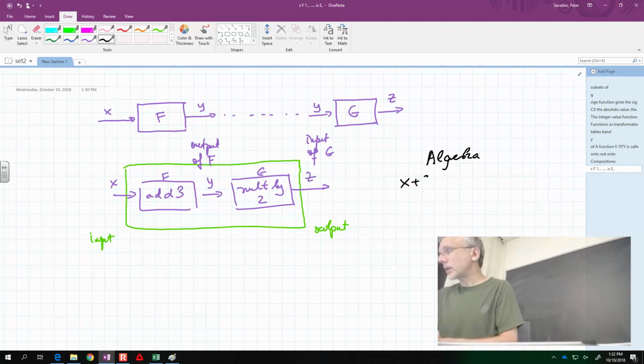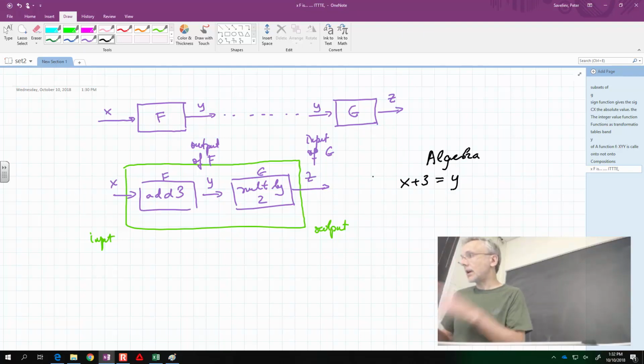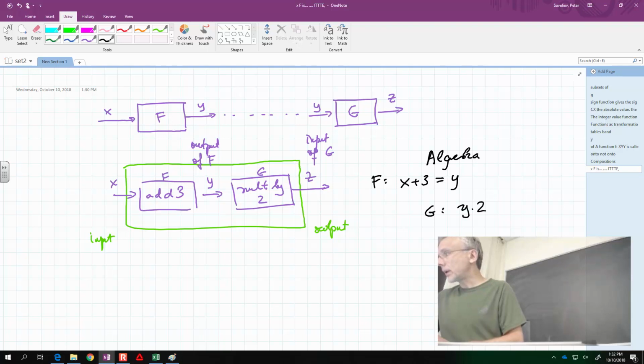So x plus 3 is equal to y. That is my f. And then this is my g, which says multiply by 2. So I take my y, multiply it by 2, and I get z. That's the algebraic description of the diagram we have over there. So that is these two functions.